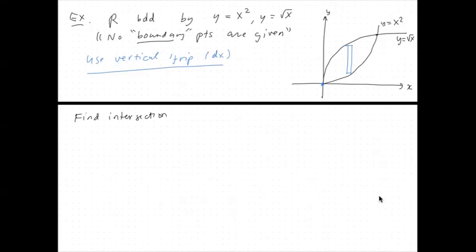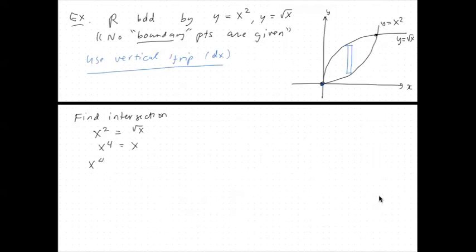The intersection of these two are the points where the two curves are meeting. So y is equal to x squared, and the second one is root x. If you square both sides, you get x to the fourth equals x. Of course, you know that when x is equal to 0, they are the same, but there's another solution.